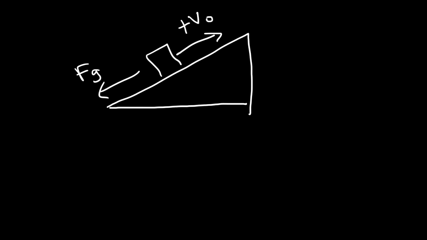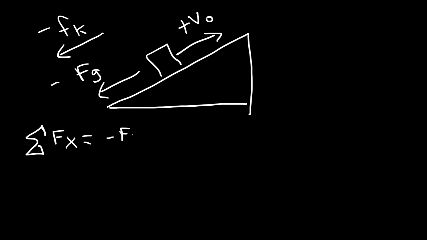So this component of the weight force is going to cause it to go in the negative x direction based on the picture that's presented. And the frictional force will always be opposite to the direction of motion, so friction is also pointing in this way. So therefore, for this example, the net force in the x direction is going to be negative Fg minus Fk, because they're both going in the negative x direction to the left.